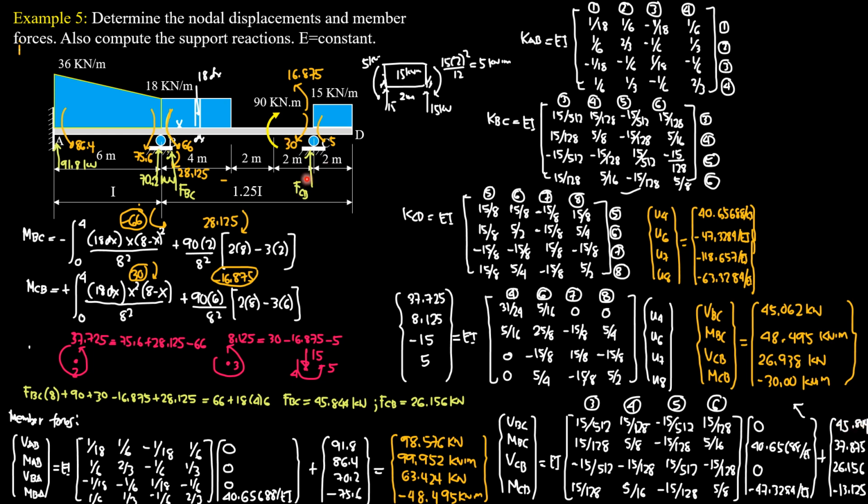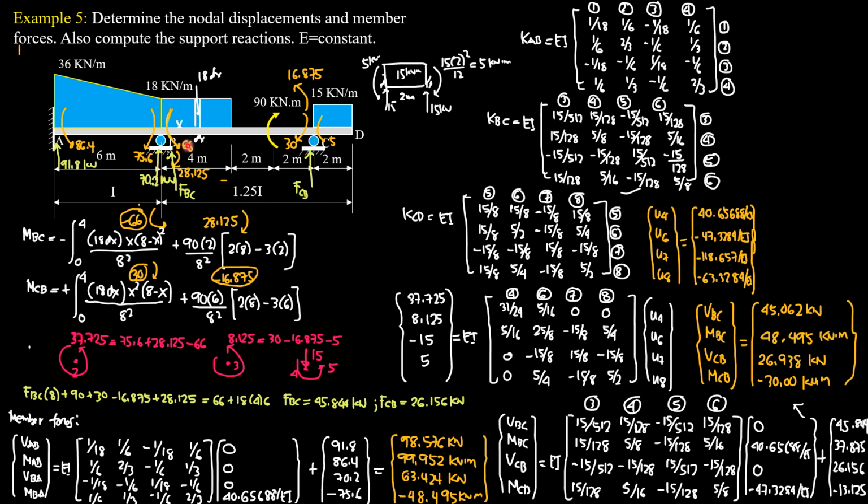Summation forces Y, you can compute FCB. So 18 times 4 minus 45.844 FBC, that would be FCB, 26.156. The fixed moment at BC is, we have 66 minus 28.125, counterclockwise positive.